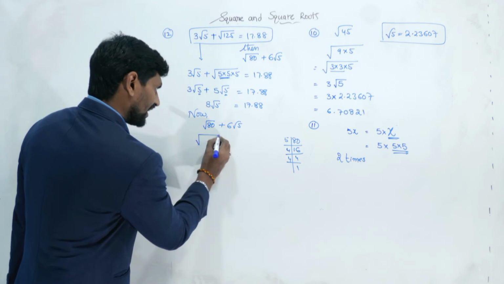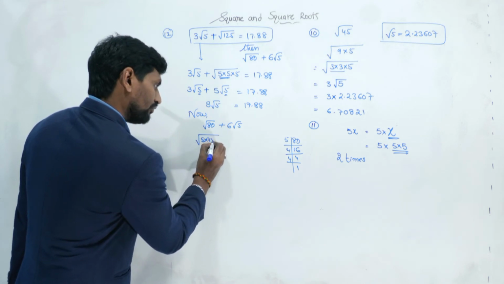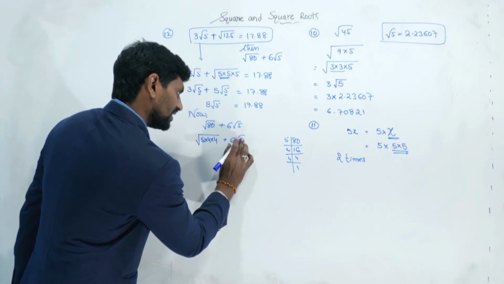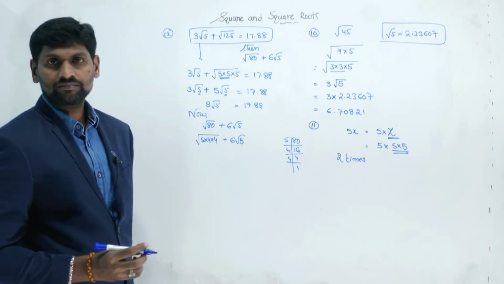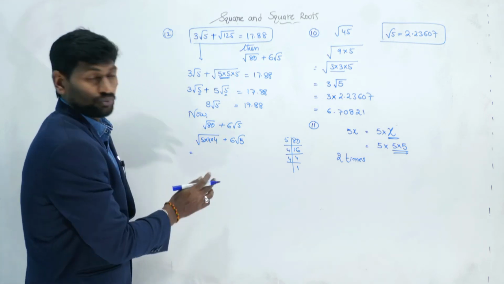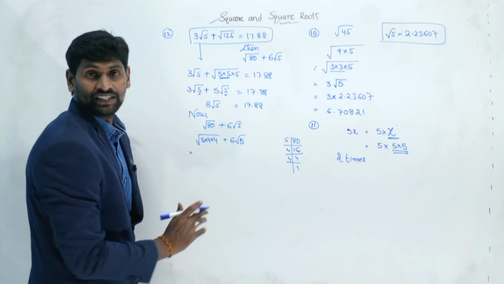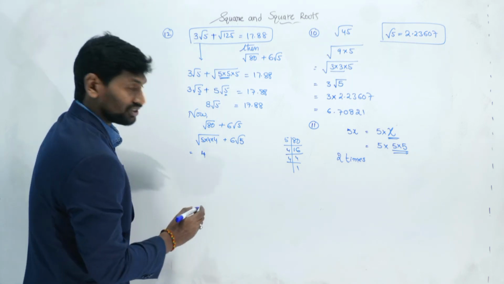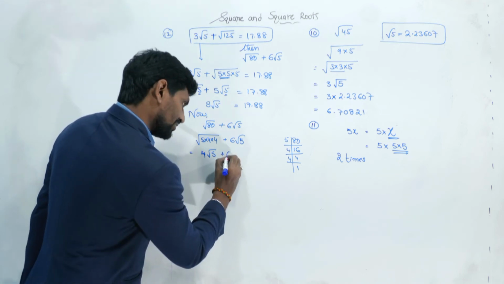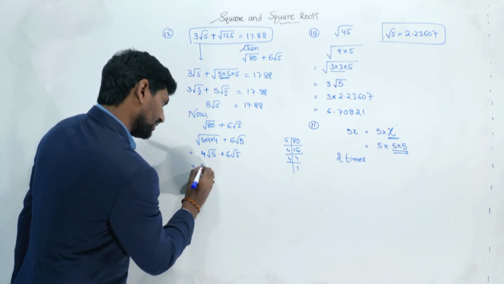So root 80 I can write as root of 5 into 4 into 4, plus 6 root 5. That equals, 4 is present 2 times, so 4 will come out without the root. 4 root 5 plus 6 root 5, total 10 root 5. Am I right?